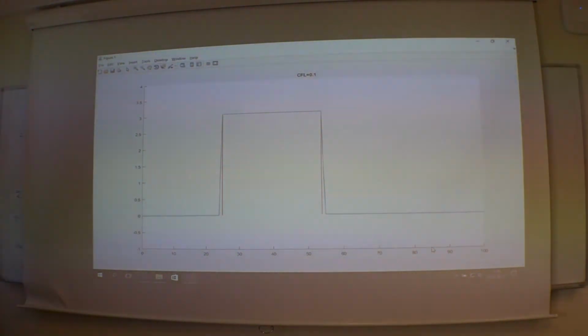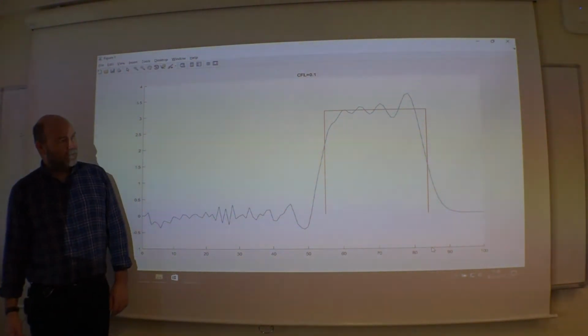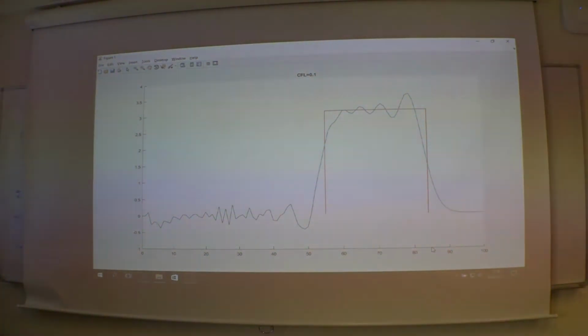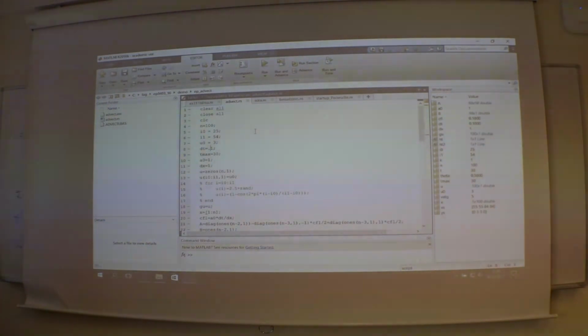CFL is 0.1, and now we have a fully implicit scheme. It's central space. Well, should we call it stable? I'm not so sure. It doesn't explode, but you have a lot of noise. But it's still actually stable. It is, yes. So again, you can try smaller and smaller time steps to see if that helps for the accuracy.